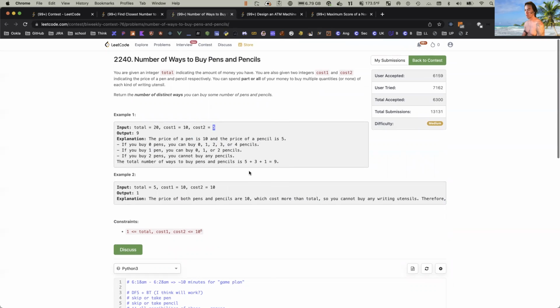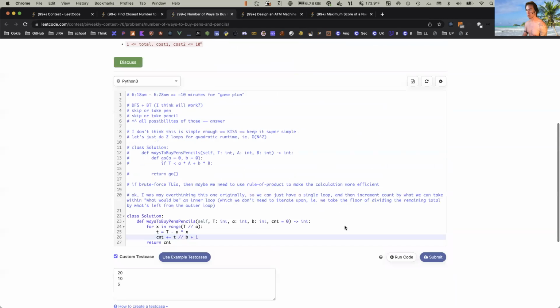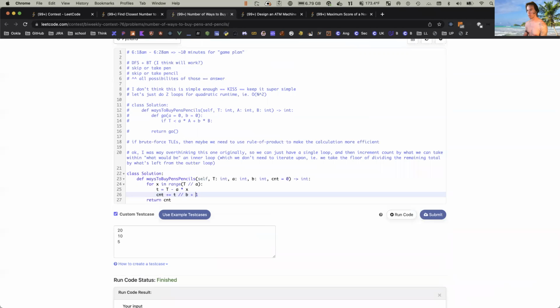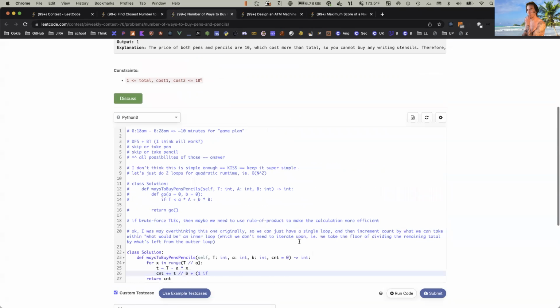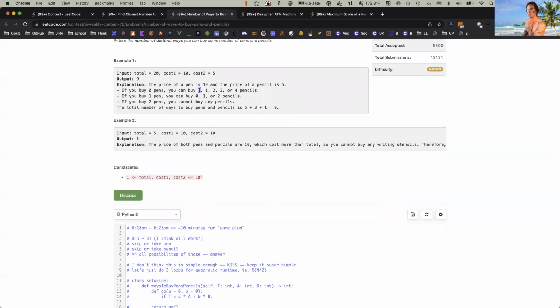4 plus 1, plus 1, because you can take 0. If not x, 0 pens, you can take 0.